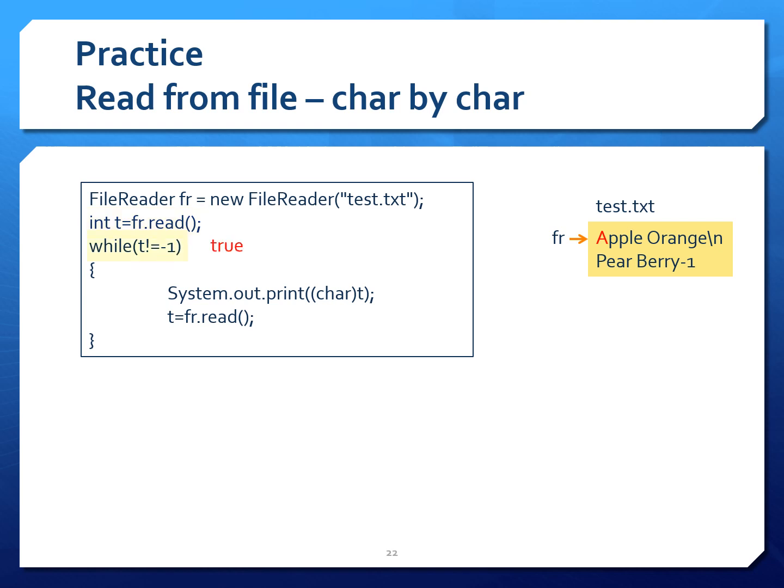Then it tests if it is end of file. It prints out the letter A. Read in the next letter Unicode. And the loop carries on until it reads -1, which means end of file.